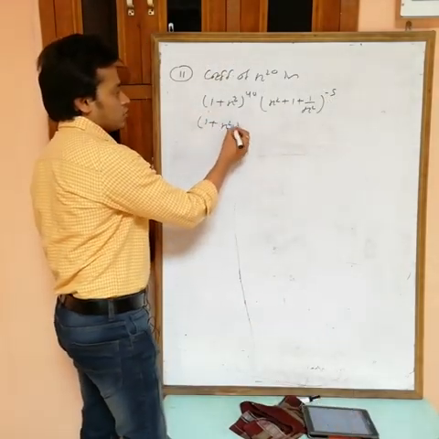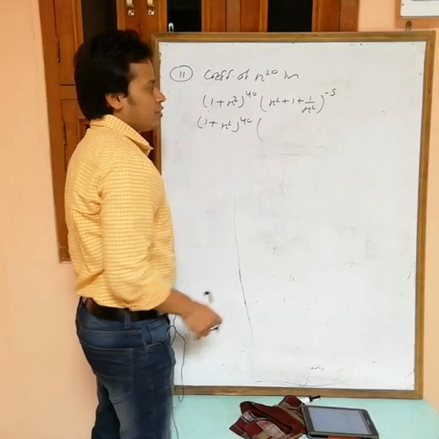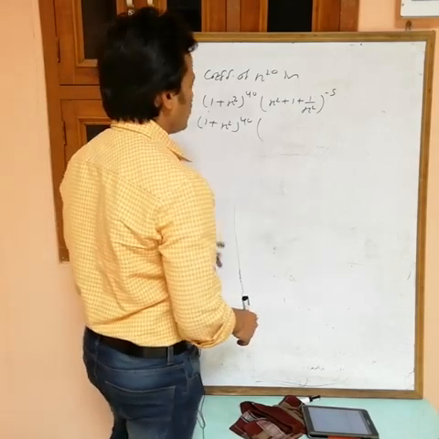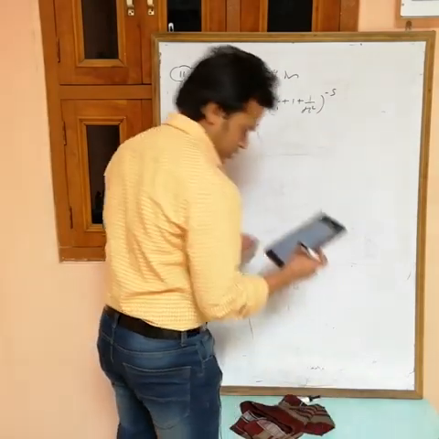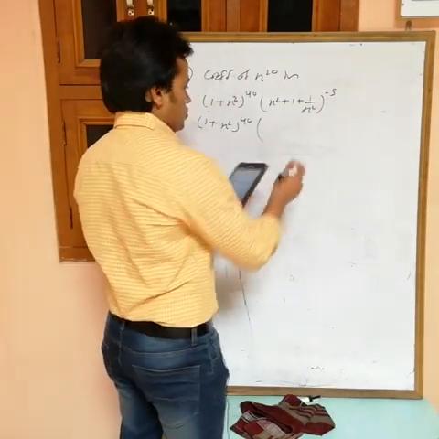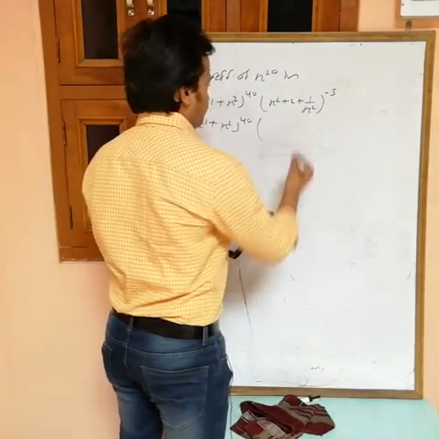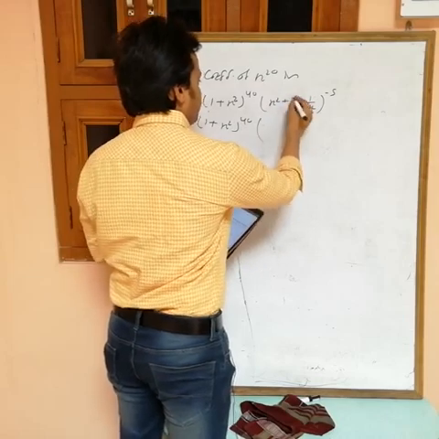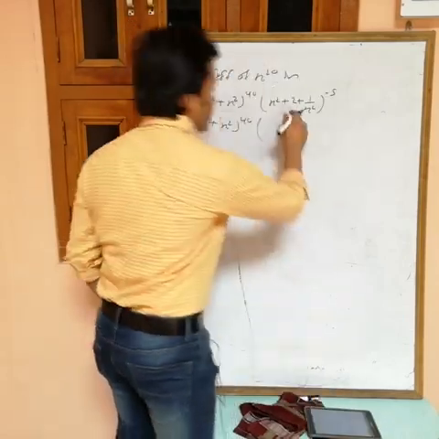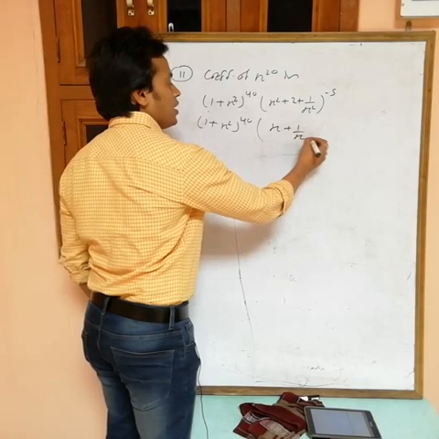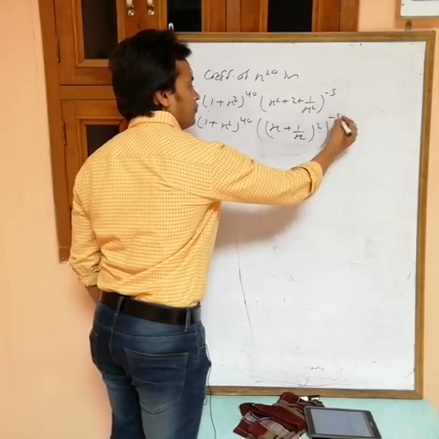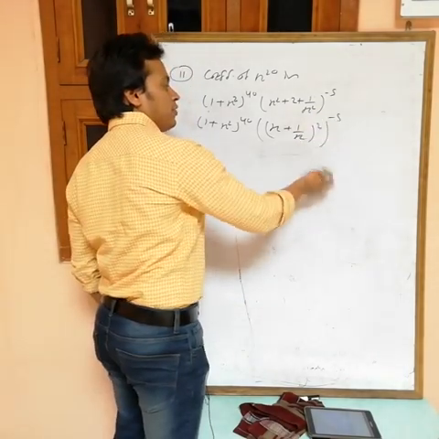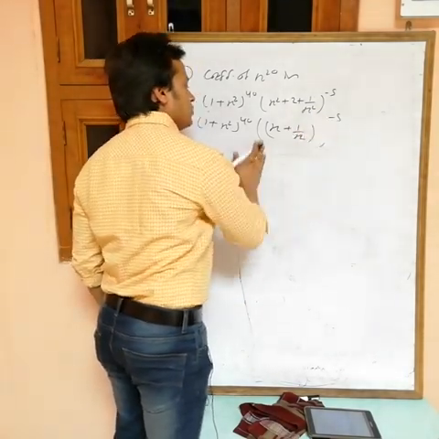Sorry, this is +2. This can be written as (x + 1/x)² whole power −5. If you multiply the powers, then this becomes −10.